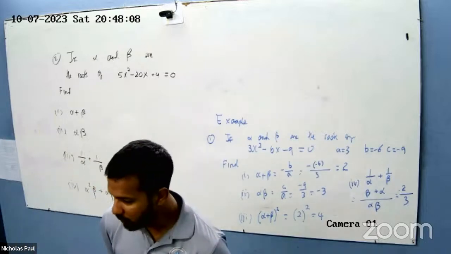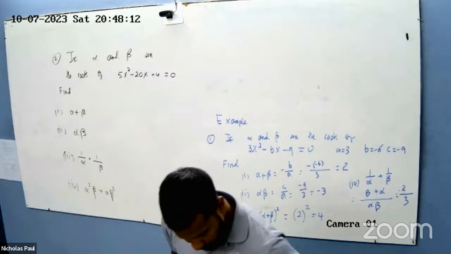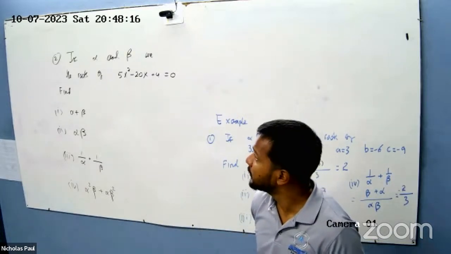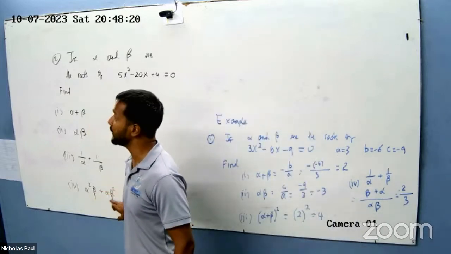Let's do what we got. That's alpha squared beta plus alpha beta squared.